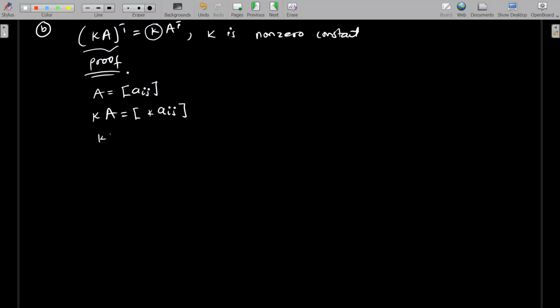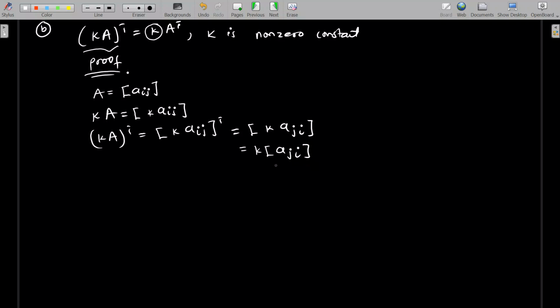And so KA transpose is going to be the transposition of K Aij, right? So I'm going to have transpose, and K is a constant, so I'm just going to change to K Aji, right? So what is going to happen is that I can factor K out, because K is multiplying everything I have, Aji.